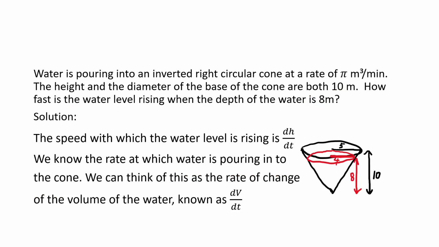Now, the water level is given by h, so the rate of change is dh over dt. So we would like to know this quantity right here because it says how fast is the water level rising. And we know the rate that the water's pouring in. We can think of this as the rate of change of volume, which is dV over dt.